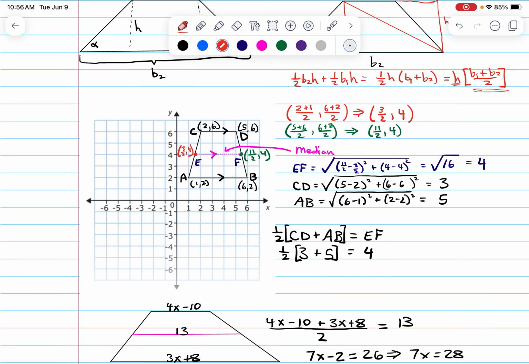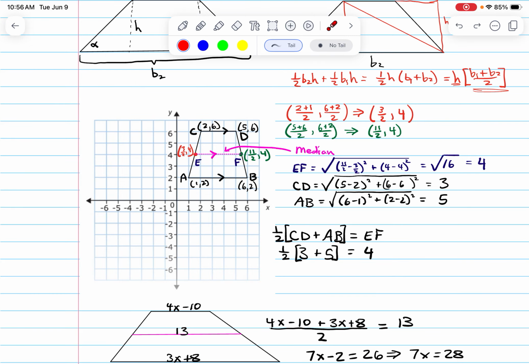Whenever you have a trapezoid, and I've drawn one here on a grid, you've noticed you've got some points here where the vertices are.